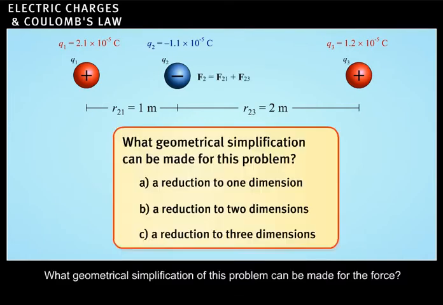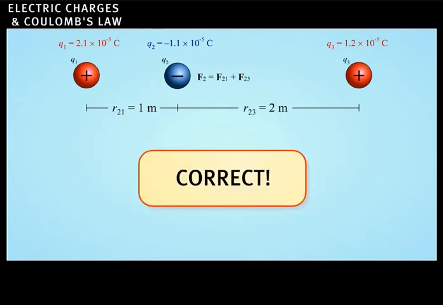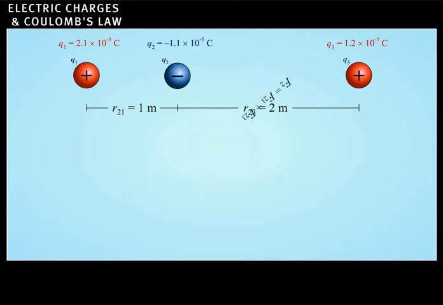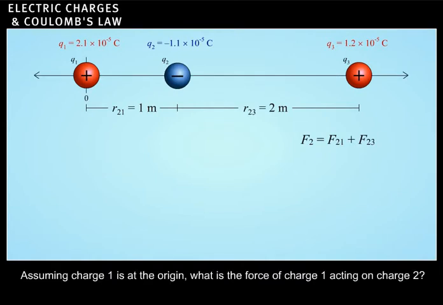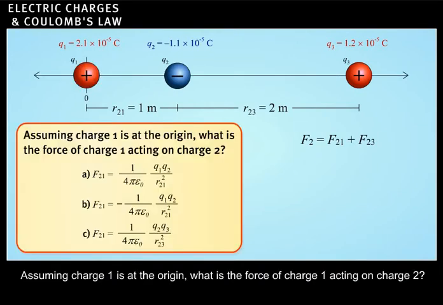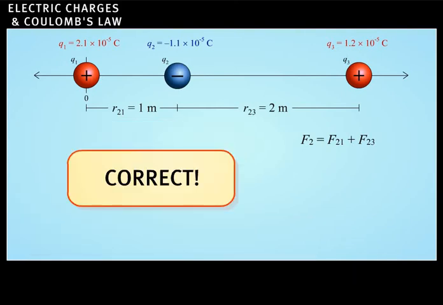Correct. What geometrical simplification of this problem can be made for the force? Correct. Since the charges are along a straight line, the problem reduces to one dimension. Assuming charge 1 is at the origin, what is the force of charge 1 acting on charge 2? Correct.